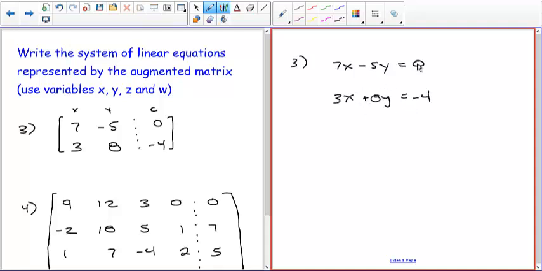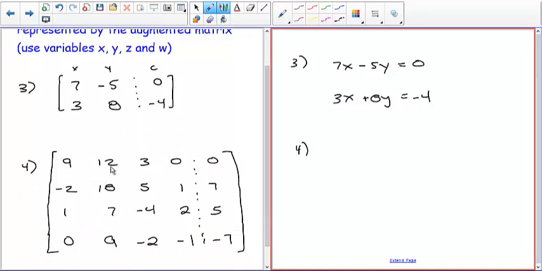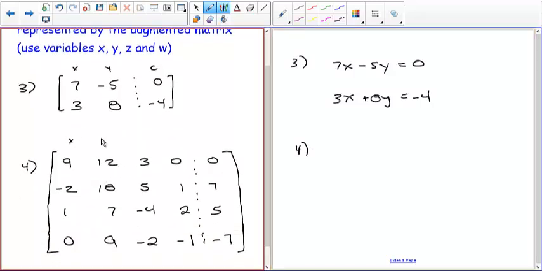So those are the 2 linear equations, and we could go back to the old way of using substitution or elimination to solve for x and y, but what we're doing is using the matrix version. And here we have 4, so you'd have x, y, z, and w, and some constant c.